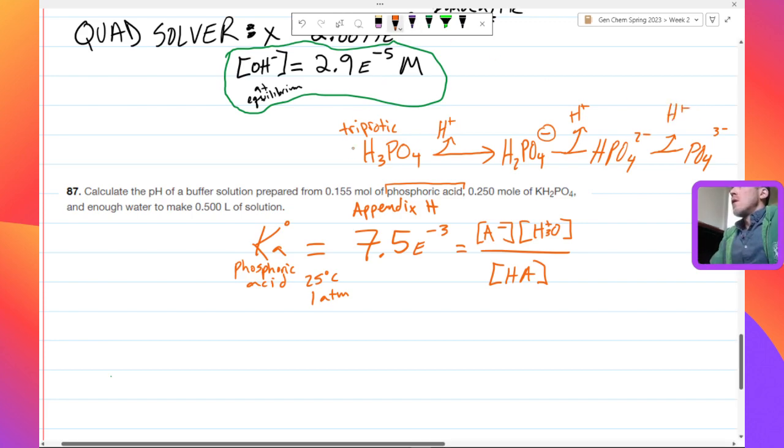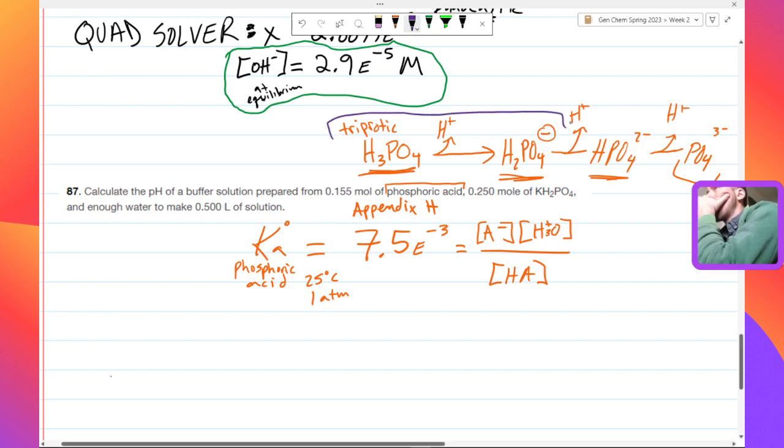So this is phosphoric acid. This is phosphorus acid. This is, I believe, hypophosphorus acid. Is that right? And then this is called a phosphate. That's definitely a phosphate. My possible errors in nomenclature aside, what we're interested in here is that, right?